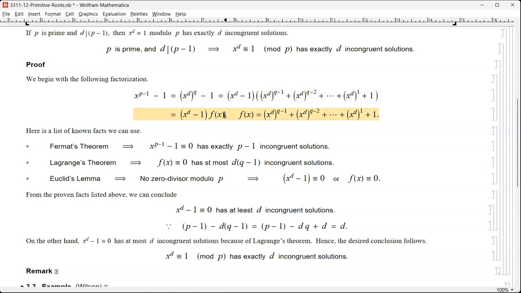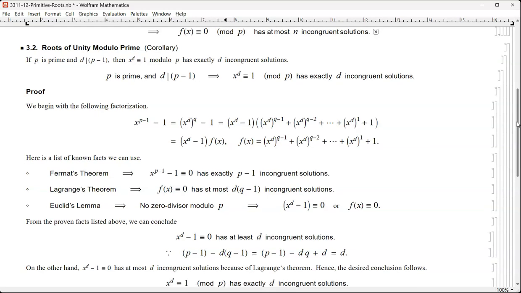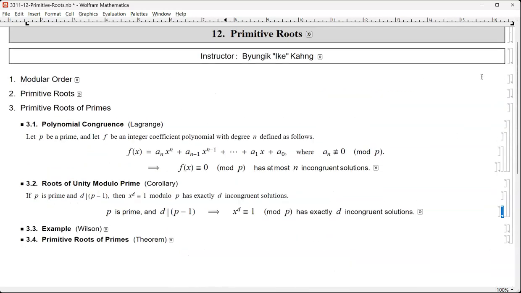And then at most d times q minus 1 solutions from here. So otherwise, the solution must be coming from 0 here. So subtracting one from the other, we get d. But precisely p minus 1 minus at most d times q minus 1, so at least d. And also at most d. Conclusion, precisely d solutions. And that's what we wanted all along.